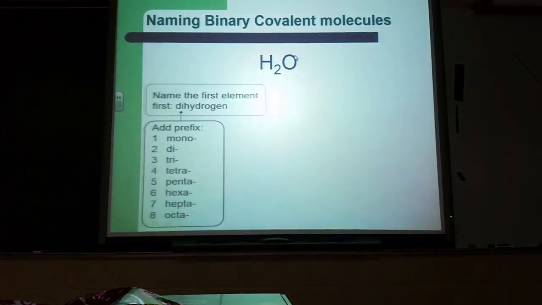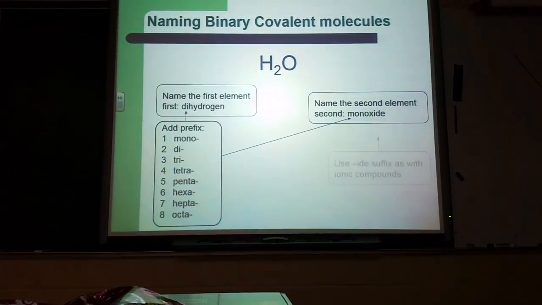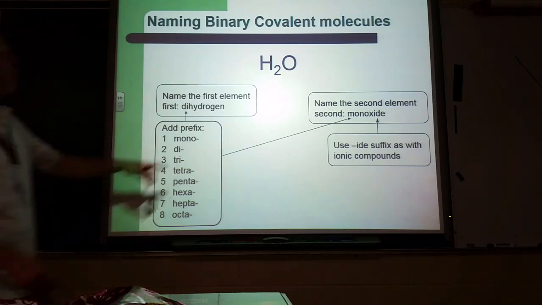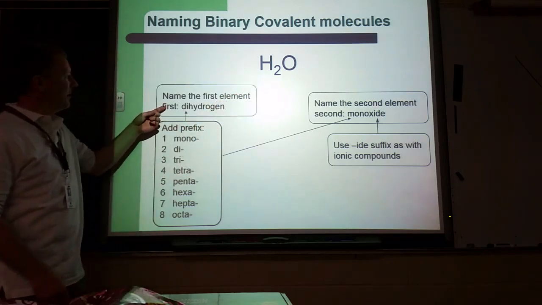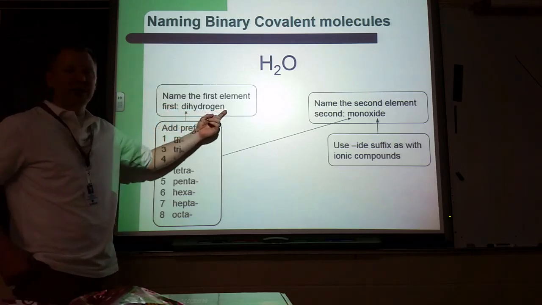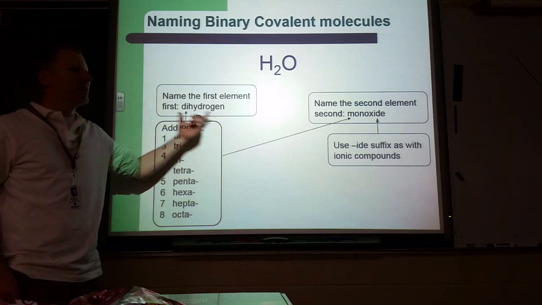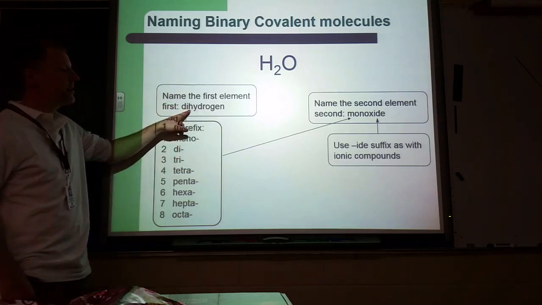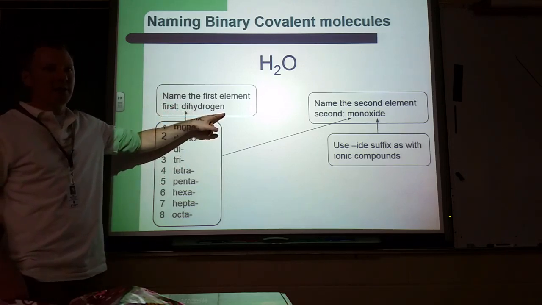Okay, so let's name our friend water here. The official name. What would the first name be? Well, we use the first atom. We don't change it. So it's hydrogen, and there are two of them, so we put the prefix di in front. So it's dihydrogen.